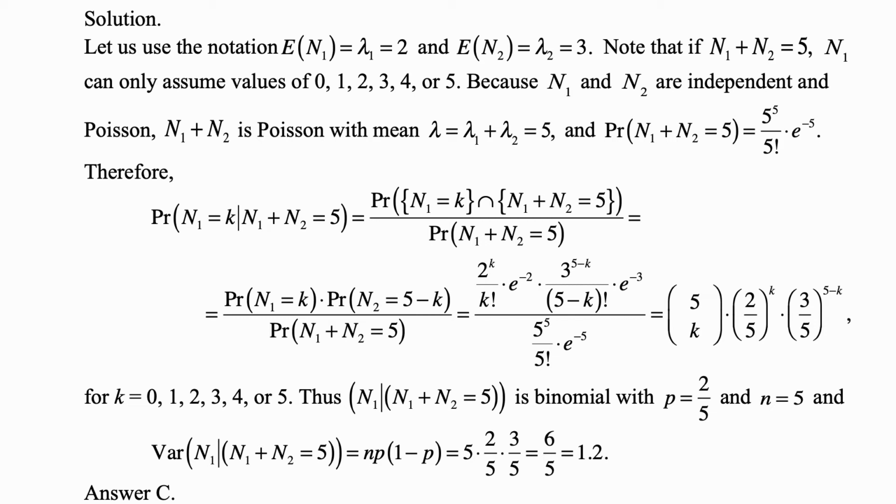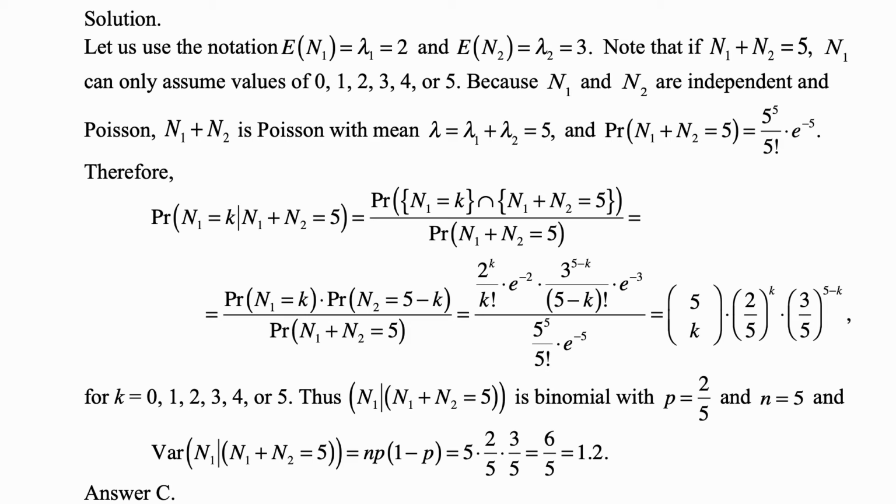And then, these events are independent, so that n1 and n2 are independent. So we can write this as the probability that n1 is equal to k times the probability that n2 is equal to 5 minus k, so that their sum is 5, over the probability that n1 plus n2 is equal to 5.